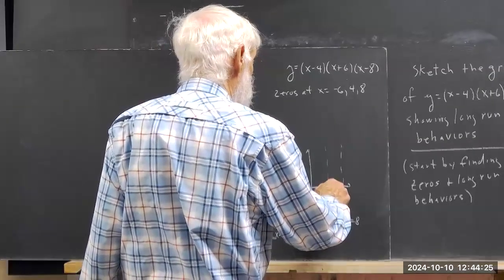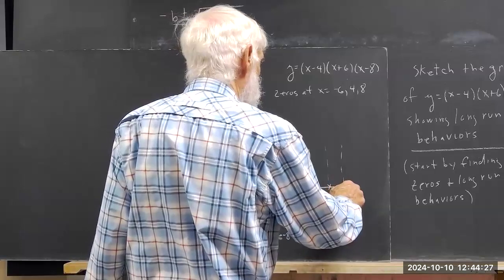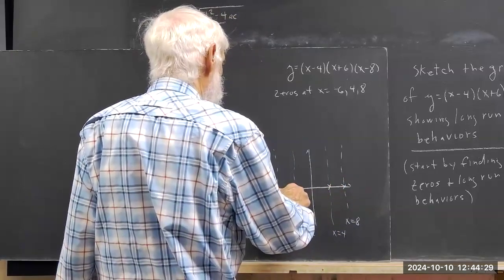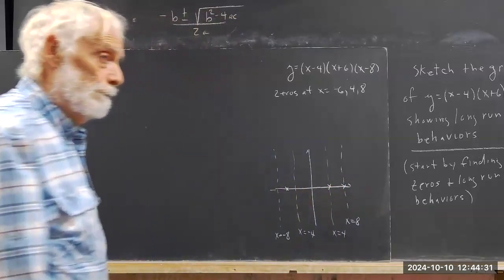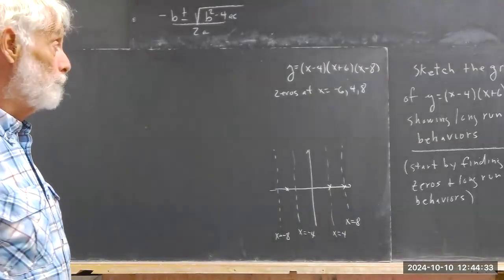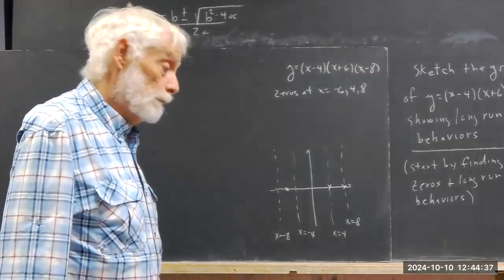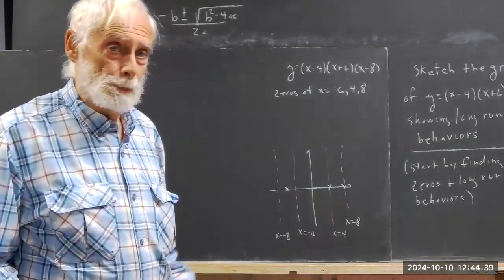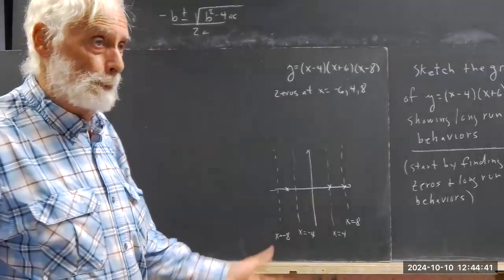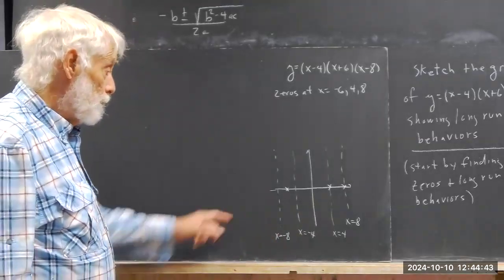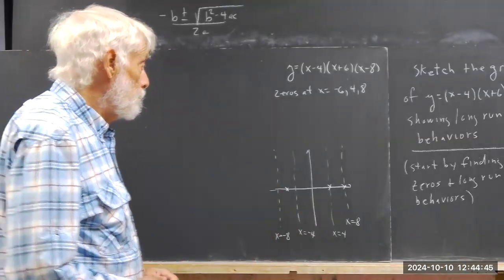A zero at 4, a zero at 8, and a zero at negative 6. Agree with what you got? It's kind of what your graphs look like. You know, scales might be even worse than mine, or they might be a lot better. But there they are.